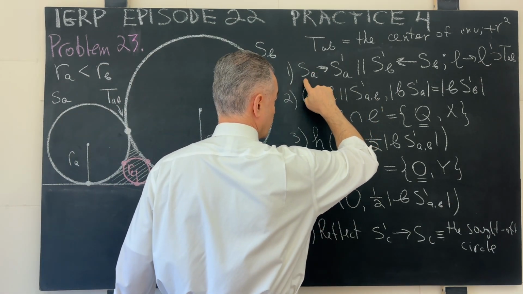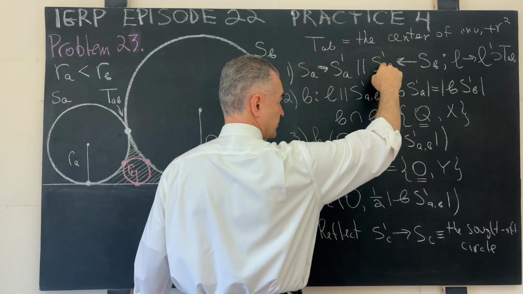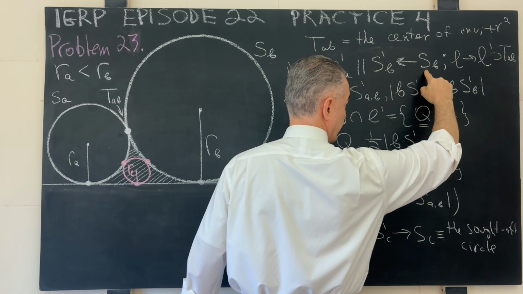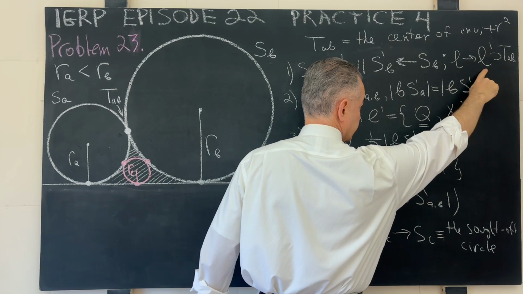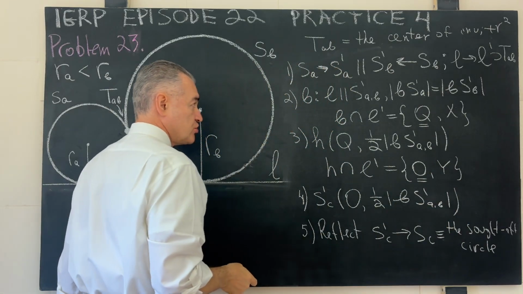So we take the circle SA into a straight line S prime A that will be parallel to the straight line S prime B, which is the image of the circle SB. The straight line L is taken into a circle that passes through the center of inversion.